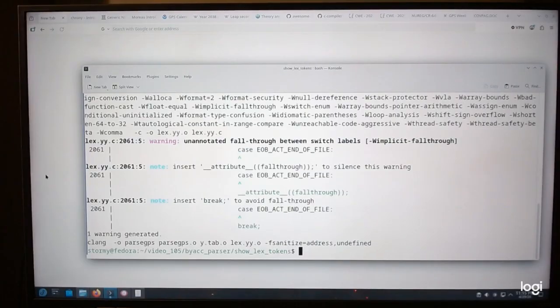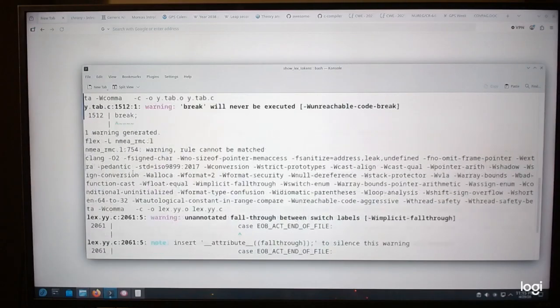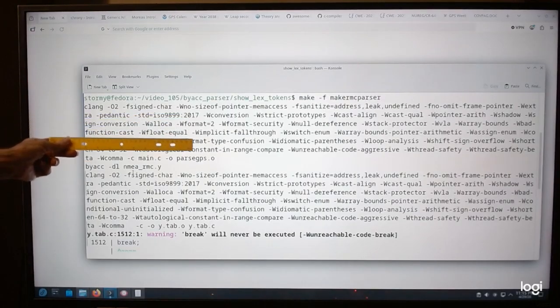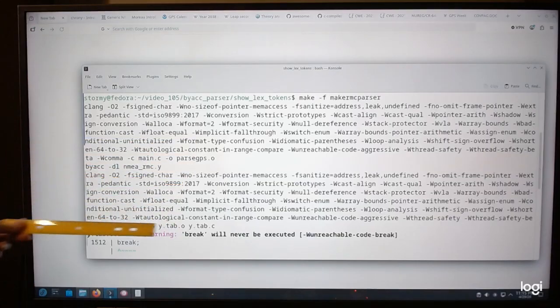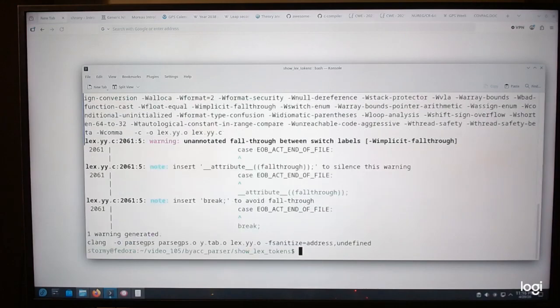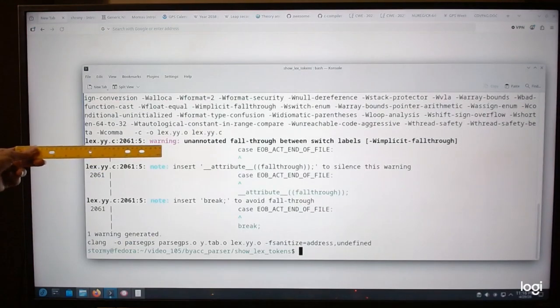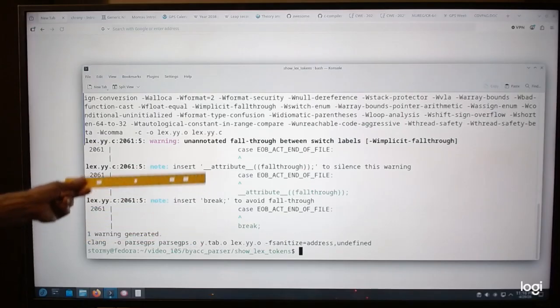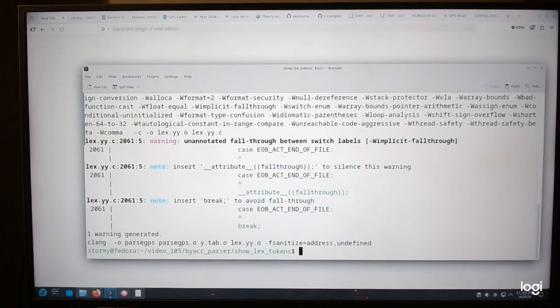All right, so we've got this now. I kind of want to bring this to your attention. I've got it using those JPL and Airbus flags, and there's a few things, some of those warnings I could not get out. That's the lexer from Flex, and there's some warnings there that I can't get out of that.